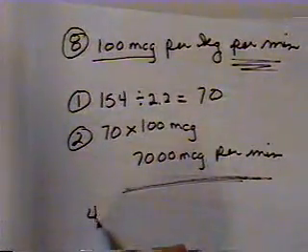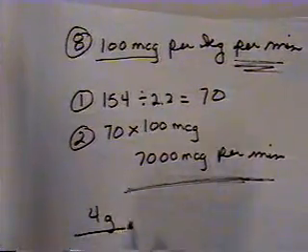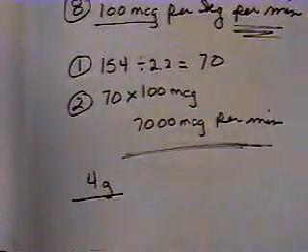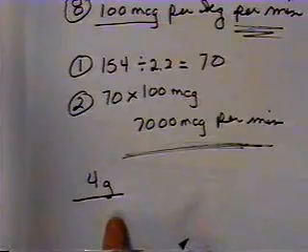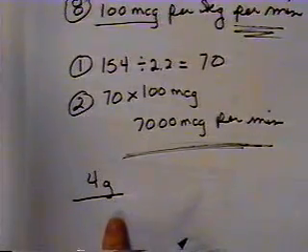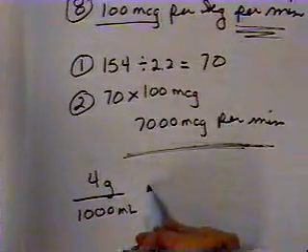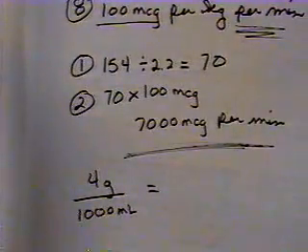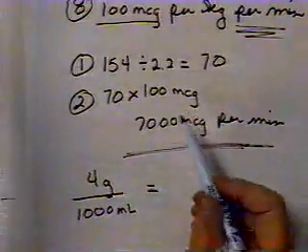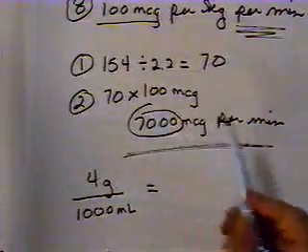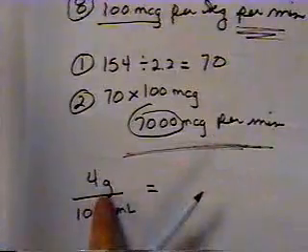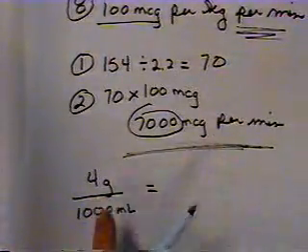So there's 4 grams of drug in 1 liter. How many milliliters is that? And I've been ordered to give 7,000 micrograms, but I need to change micrograms to grams.